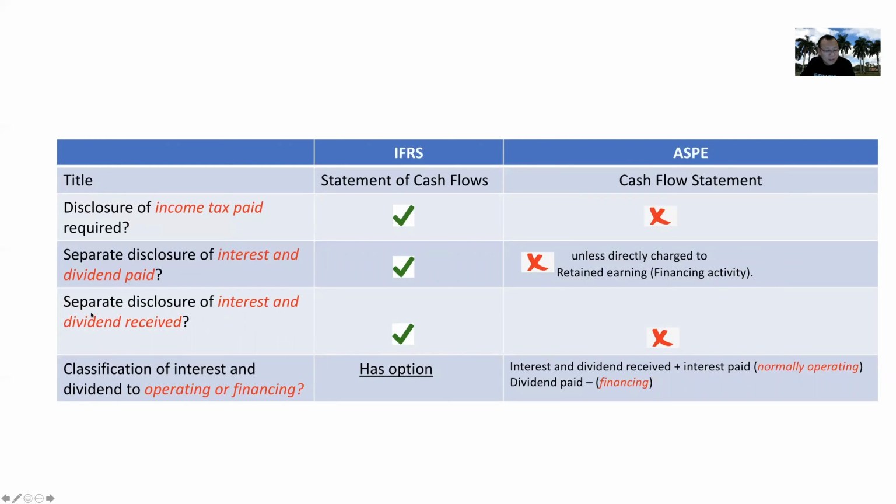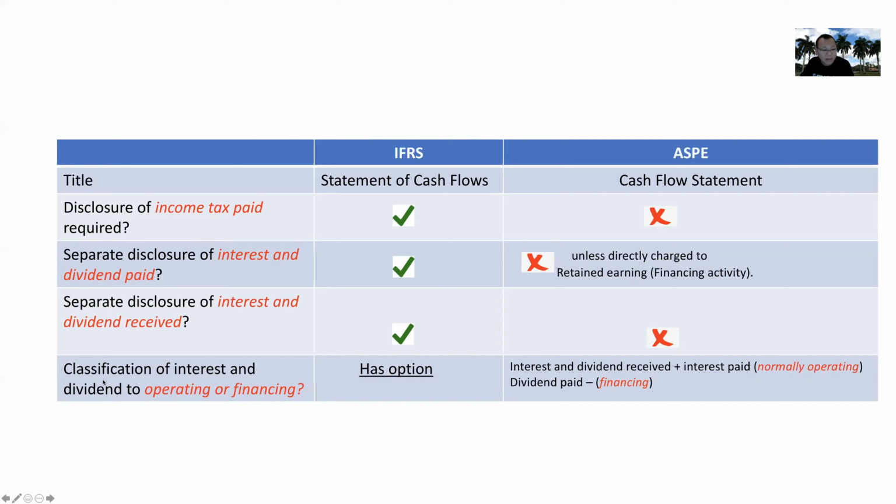Move on. For interest and dividend received, corporations may receive interest income and dividend income from other parties. IFRS requires interest received and dividend received to be separately disclosed. This is not a requirement under ASPE.